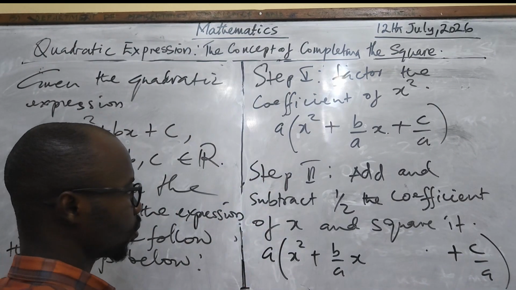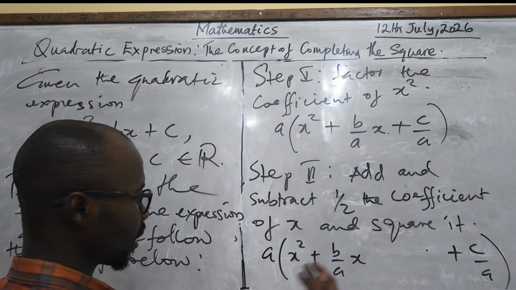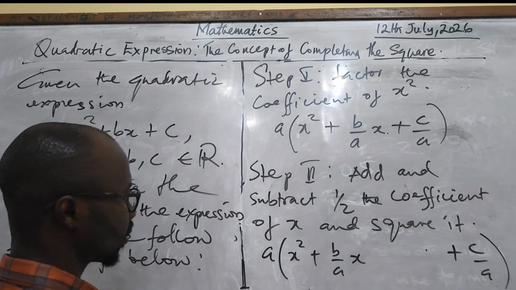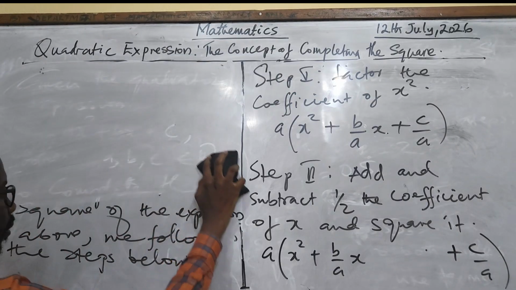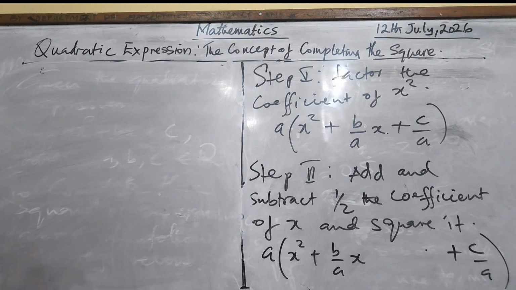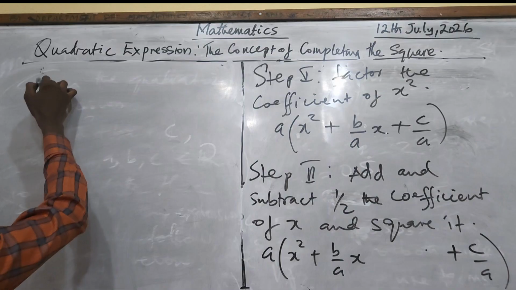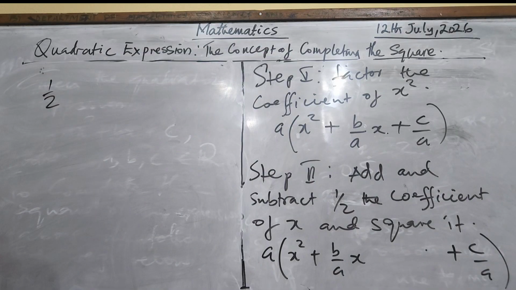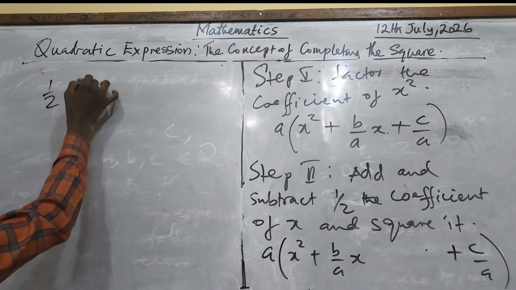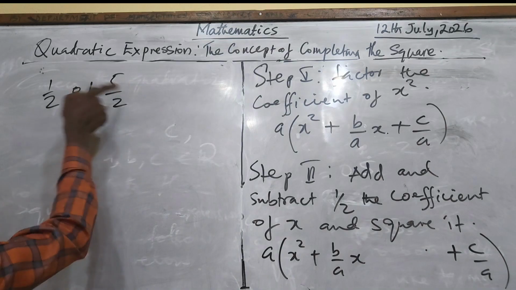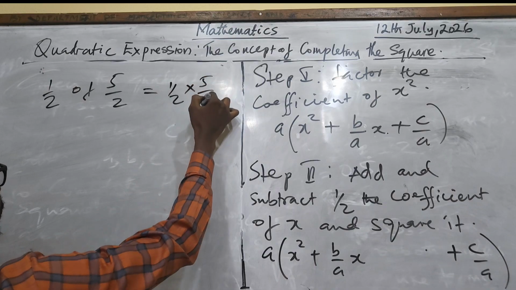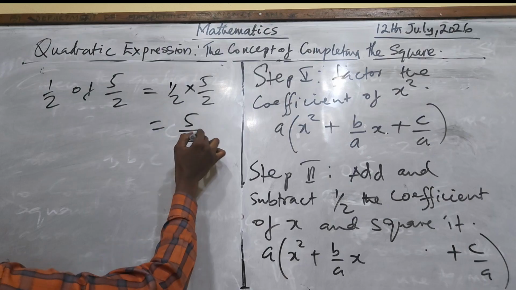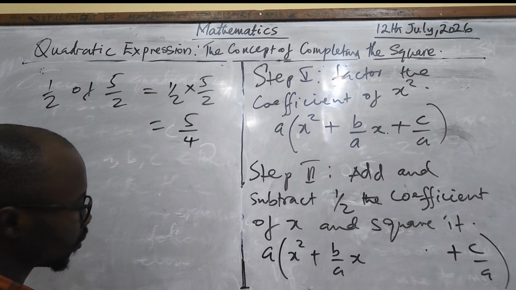So what we are going to do here is to add half. If you are asked what's half of 5 all over 2, half of 5 all over 2 is half times 5 all over 2, which is 5 all over 4.